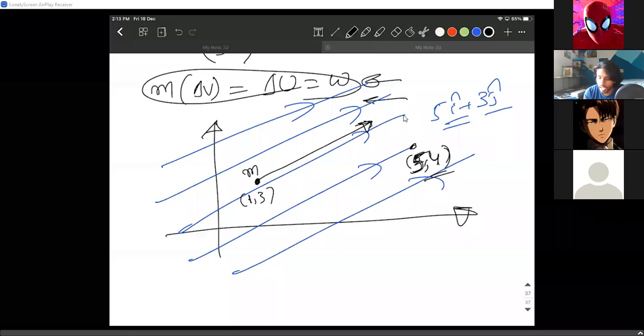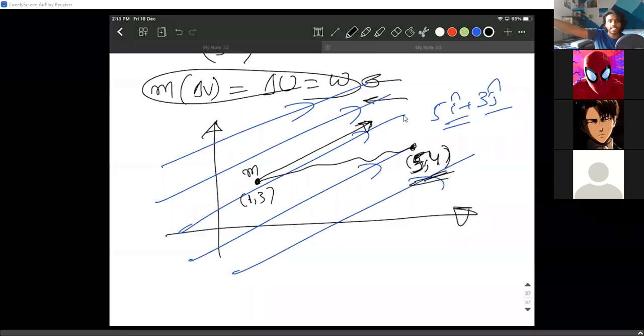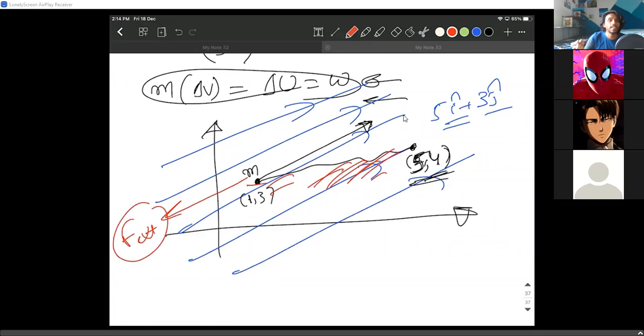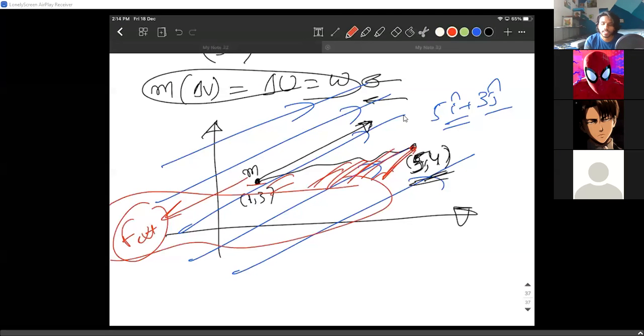If I simply leave it, it will go in that direction anyway. I have to do some external work in the opposite direction, slowly, like stopping the body. It is like someone is pulling that body that way. The gravitation is pulling it that way. I'm trying to stop it at every point, and by the time it reaches, I stop it. So that is why the work done is coming as negative.